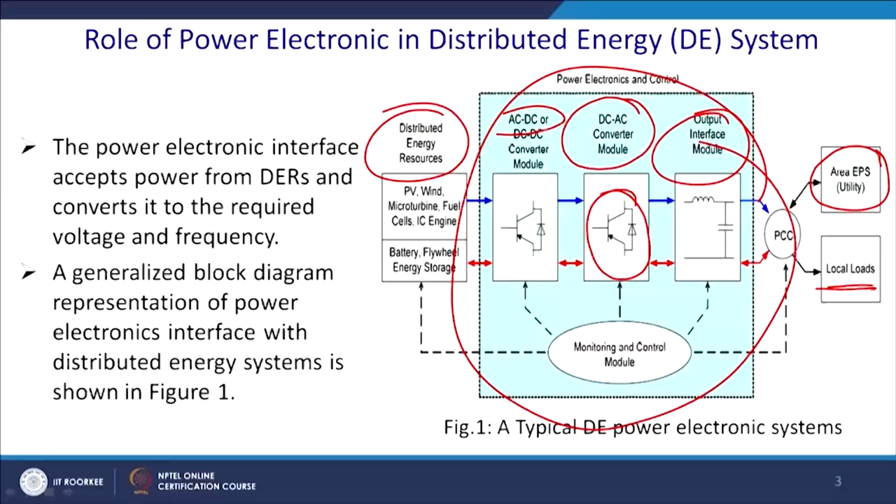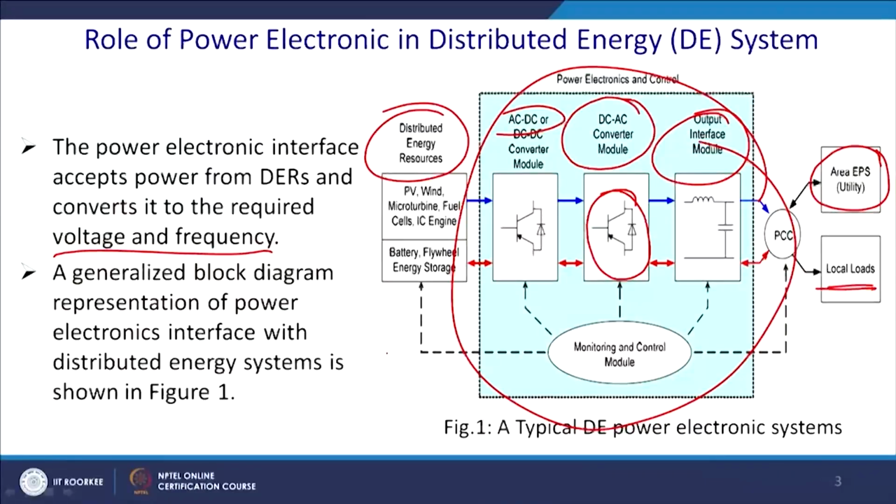This block is the power electronics. So, the power electronics interface accepts power from DERs and converts it, as is required for maintaining voltage for variable voltage and frequency. The generalized block diagram representation of the power electronics interface with the distributed system is shown in the figure.